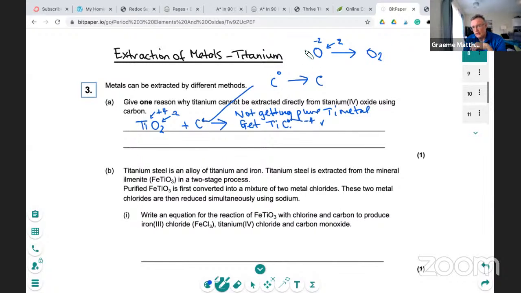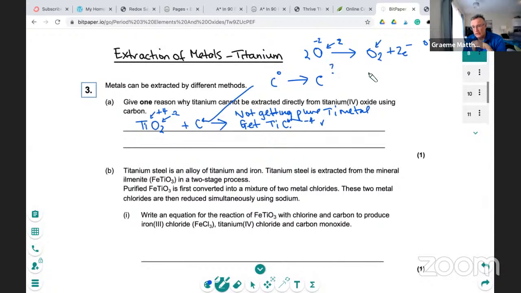O2 like this. And so you're thinking, look, 2 oxygens like this go down to this and 2 electrons. And so the oxygen is going to be oxidized. And then you've got the carbon doing something, don't know what it's going to do.